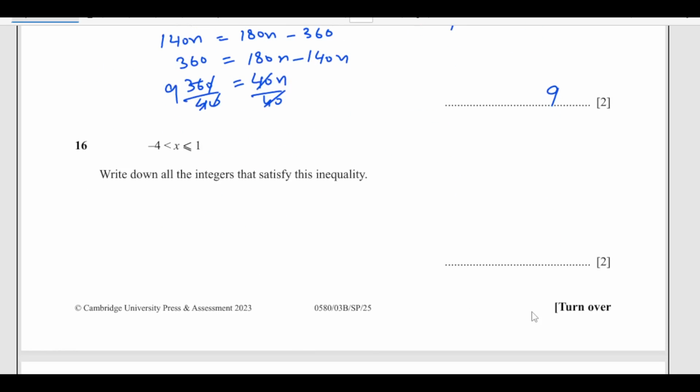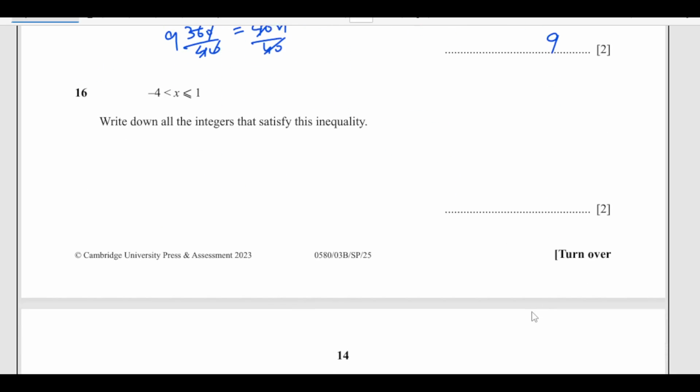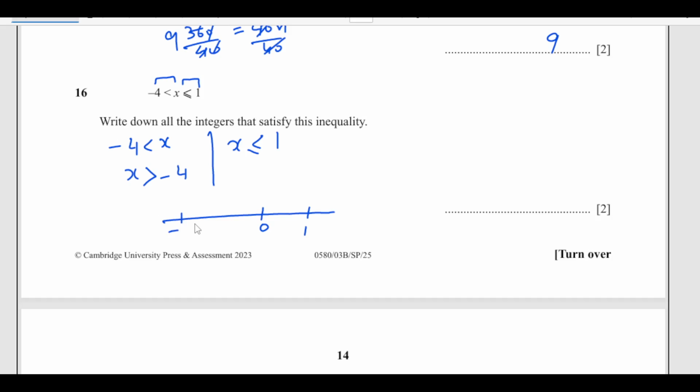Now number 16, negative 4 less than x and x is less than or equal to 1. There are two parts, right? So here is x greater than negative 4, so that means 0, 1 and then here is negative 4.